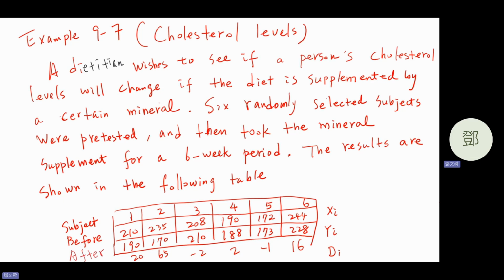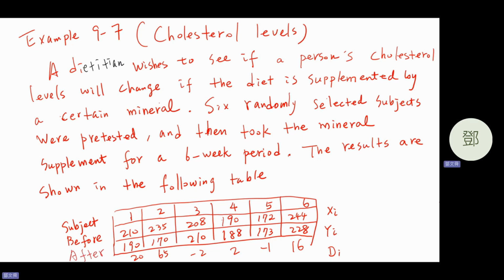And after they took the supplement, their cholesterol levels became 190, 170, all the way to 228.